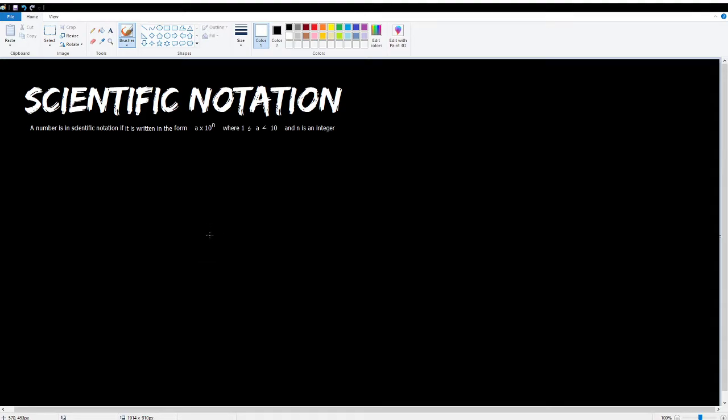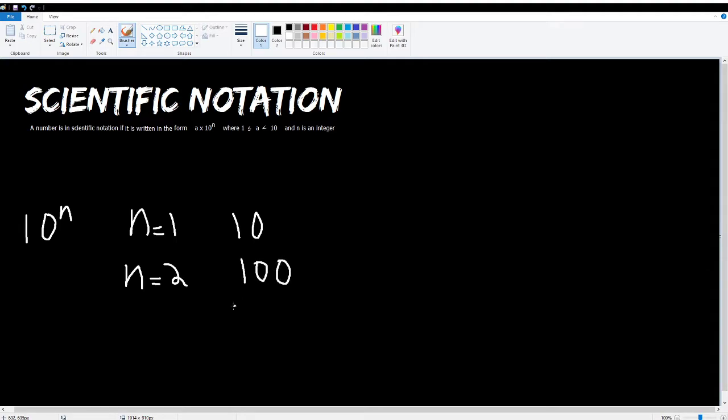What's so special about powers of 10 is that I have 10 to the n. If n is equal to 1, I just get 10. If n is equal to 2, I just add another 0, so it's 100. If n is equal to 3, it's 1,000.